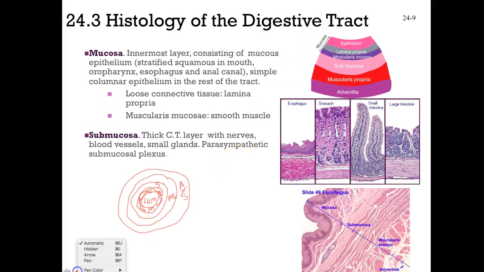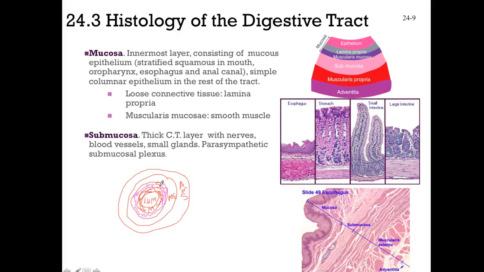Now if we go to our second layer, which is our submucosa, then we are going to see no epithelium here, but rather connective tissues. So this is the second layer. I don't know if it's worth pointing this out in this picture because we have a couple other images to look at. So our second layer, just the connective tissue, we've got our neurovasculature in here.